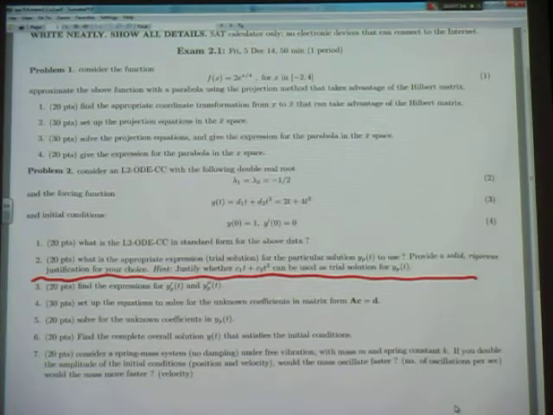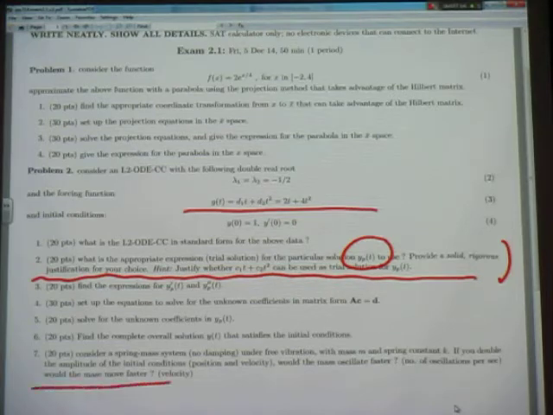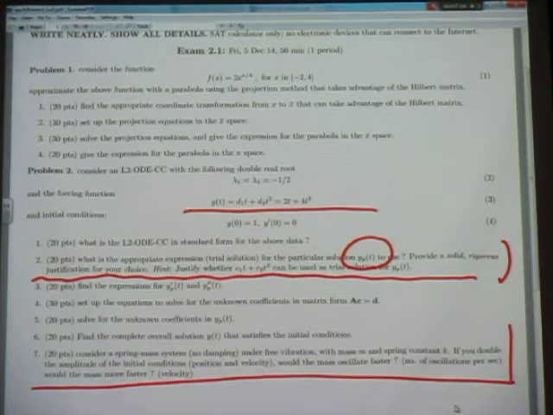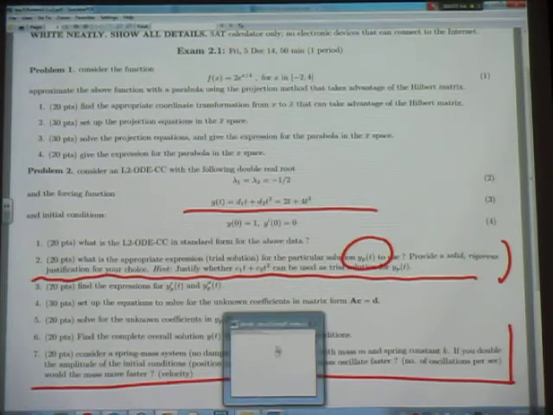First is the justification of the trial solution for the particular solution, right? Given this polynomial excitation. And the second is question 7 in more detail. I did provide the answer in the review before.